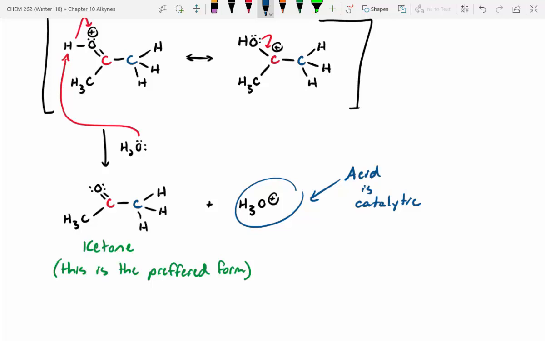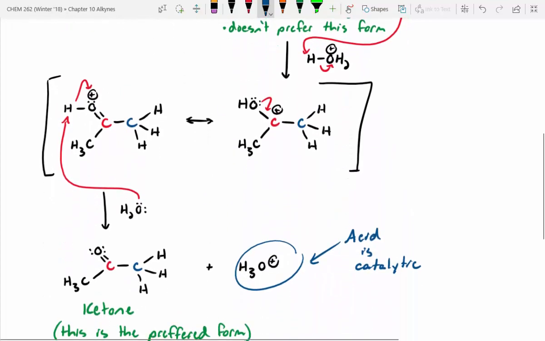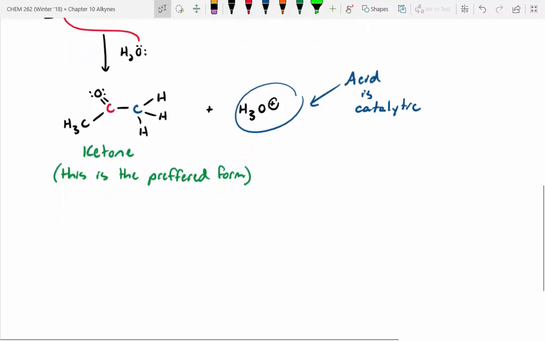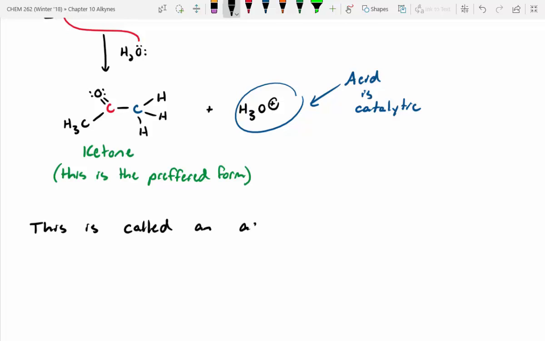The reality is this reaction is still in equilibrium, so maybe it's 99% ketone, maybe 1% enol, but it really prefers this ketone form. What this is usually called is a keto-enol tautomerization. So let's make a note of that. Specifically, it's an acid catalyzed keto-enol tautomerization.